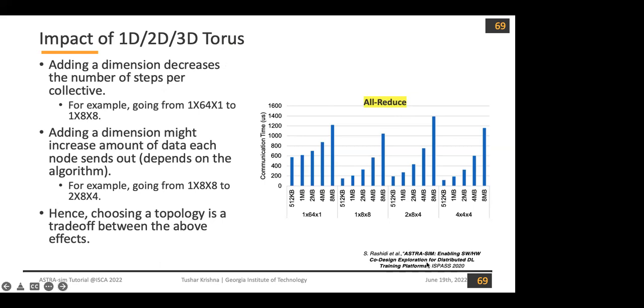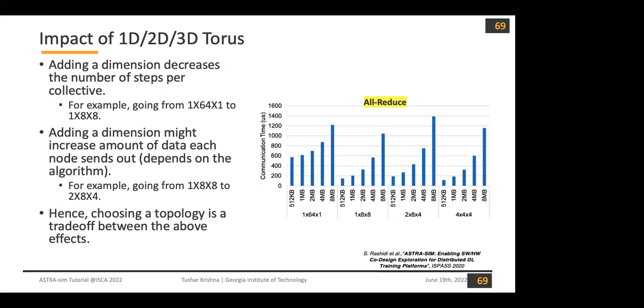This is just some data we collected using, again, ASTRA-sim, where we were looking at, for the same number of nodes, let's say 64 nodes, if I develop a 1x64x1, which is basically a large 64-node ring, versus a 2D topology with 8x8 nodes, or a 3D topology with 2x8x4 nodes or 4x4x4, and I'm running all reduce of different sizes, what are the implications in terms of overall communication time?